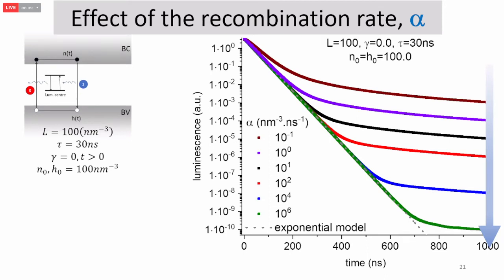But if this process starts being slowed down, the luminescence centers start taking longer to be excited. Then we have a deviation from the exponential model, although the luminescence center itself has, in all cases, the same time constant. So I'm not playing around with the time constant, and I'm not including any other luminescence centers, just the effect of the recombination rate.